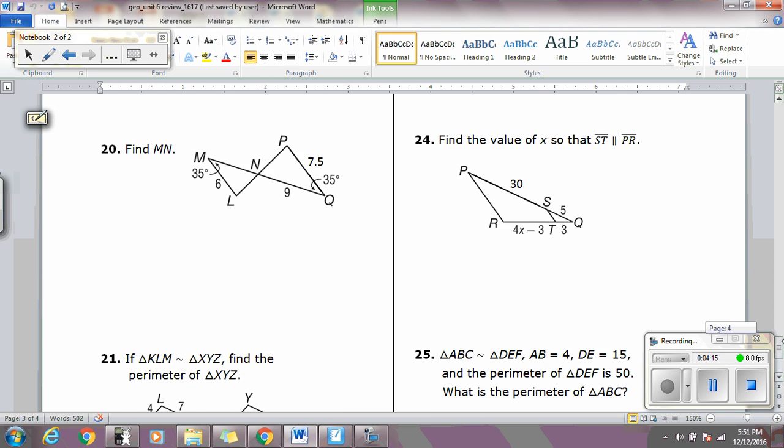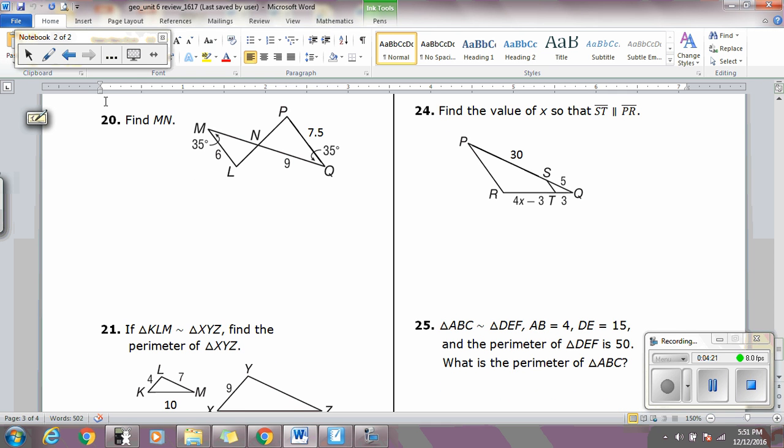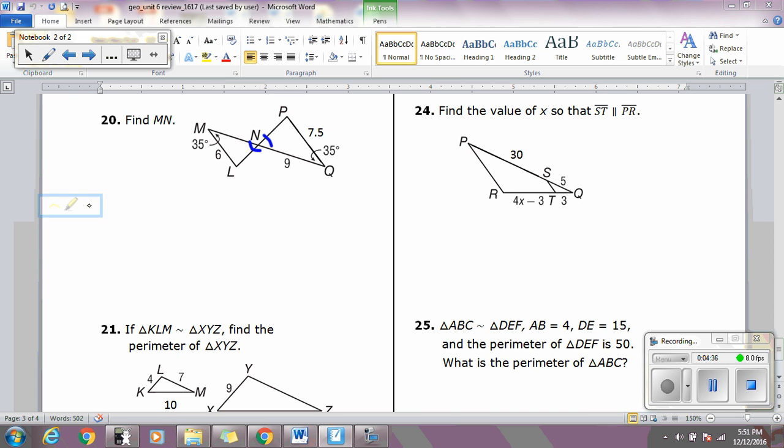Number 20 wants us to find MN. So I see another pair of bow tie angles, so go ahead and mark them up. And then it tells us that angle M is congruent with angle Q. So our proportional sides or corresponding sides would be as follows.